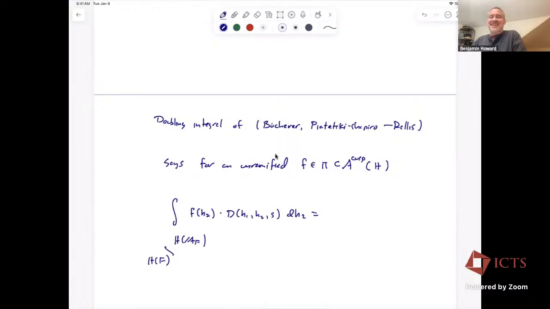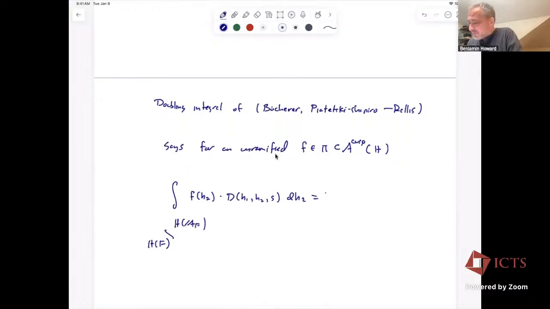What is it? It's the thing that you started with multiplied by an L function. The base change L function of this automorphic form, shifted by a half, times f of h1.